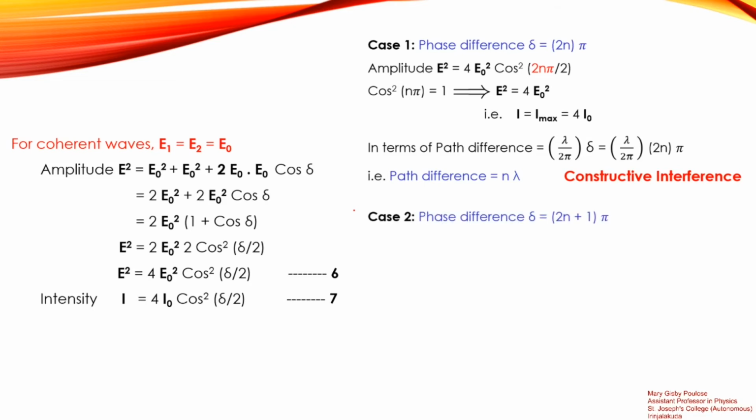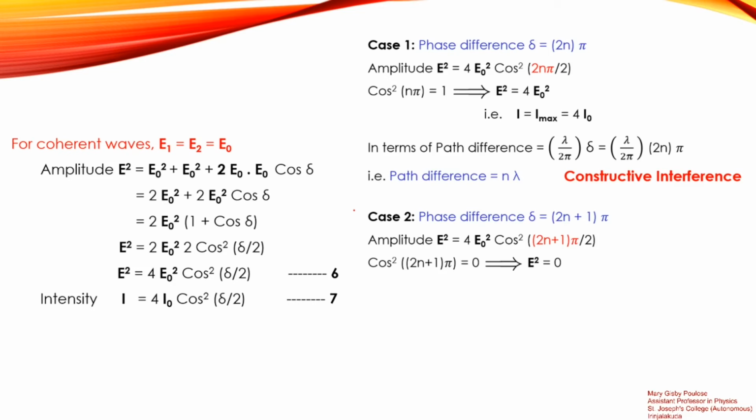Now, in the second case, where the phase difference delta is an odd integral multiple of pi, the expression for amplitude can be written as E square is equal to 4 E naught square cos square (2n plus 1) pi by 2. Here, cos square of (2n plus 1) pi by 2 is 0.